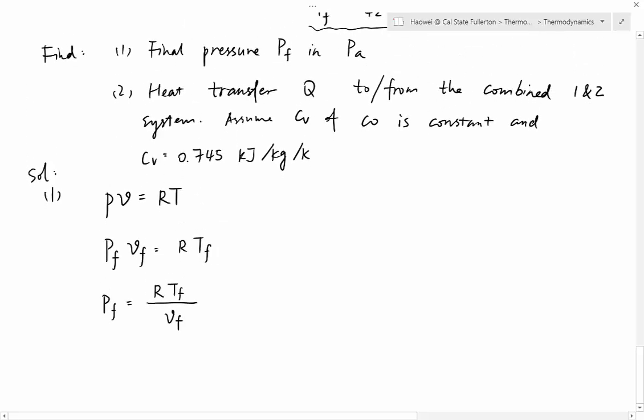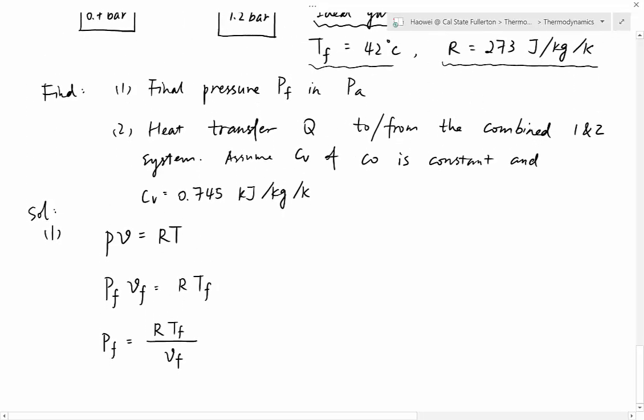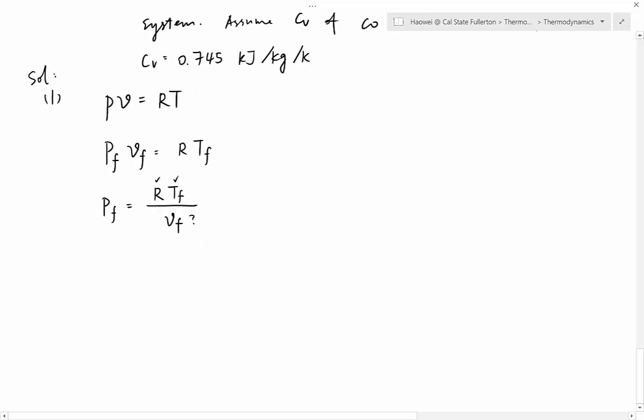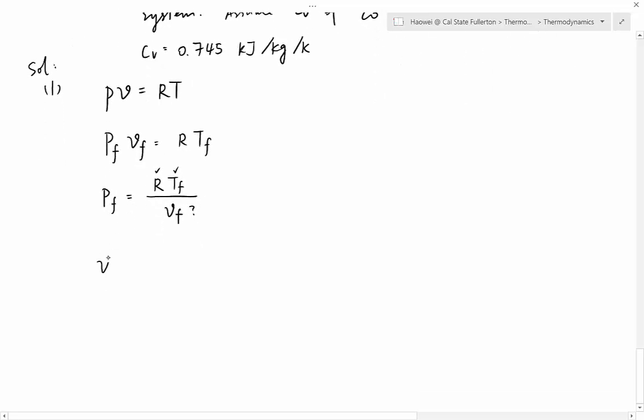Okay, let's take a look. Do we have everything in the right-hand side? R, yes, given. Final temperature TF, yes, given. Nu F, final specific volume, we don't have it. So this question goes down to look for nu F, final specific volume. How do we look for specific volume?